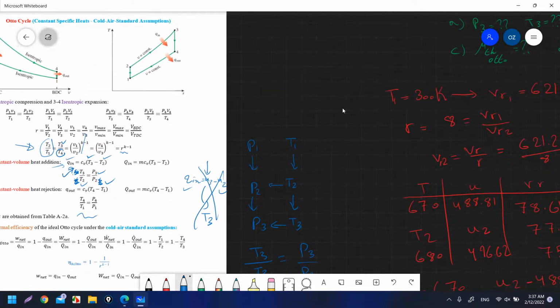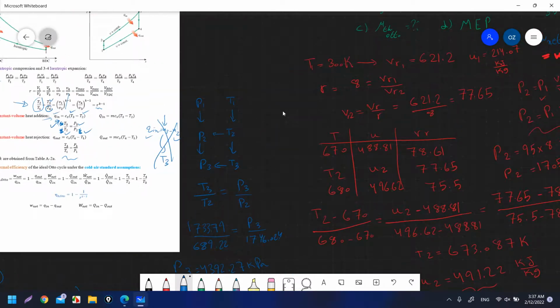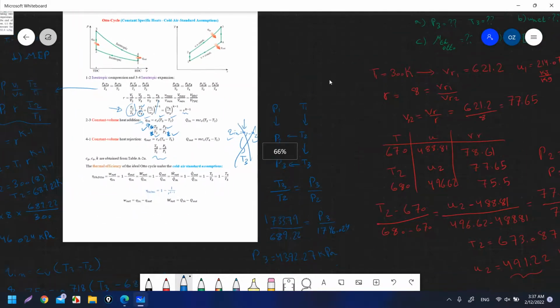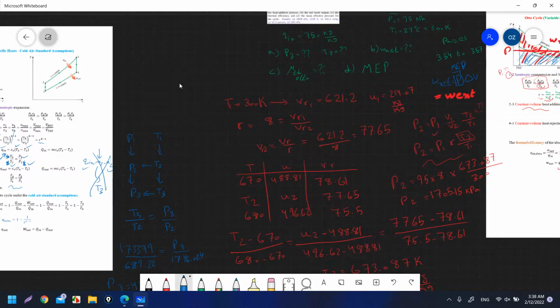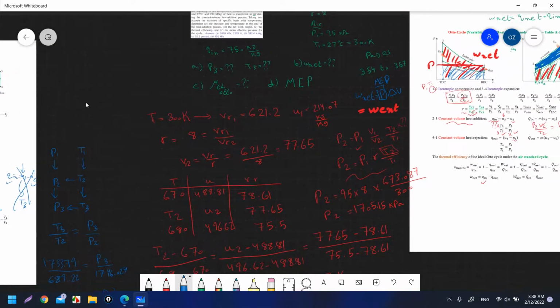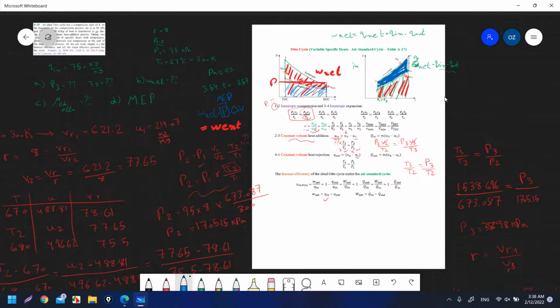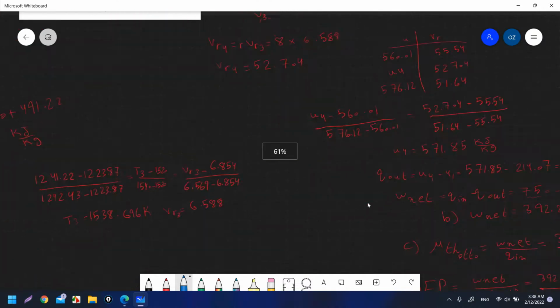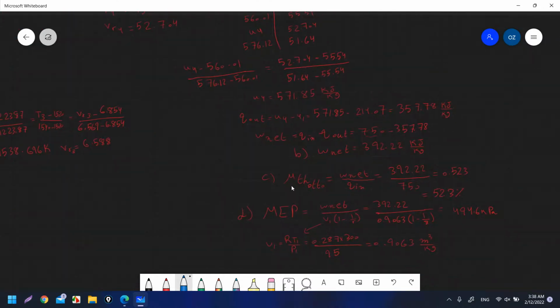What else? Okay, let's compare the values between the cold air standard assumption and the variable specific heat air standard cycle. W net for this one is 392.22. Our W net from the constant specific heat was 423.54 kilojoule per kilogram, so it is higher here.